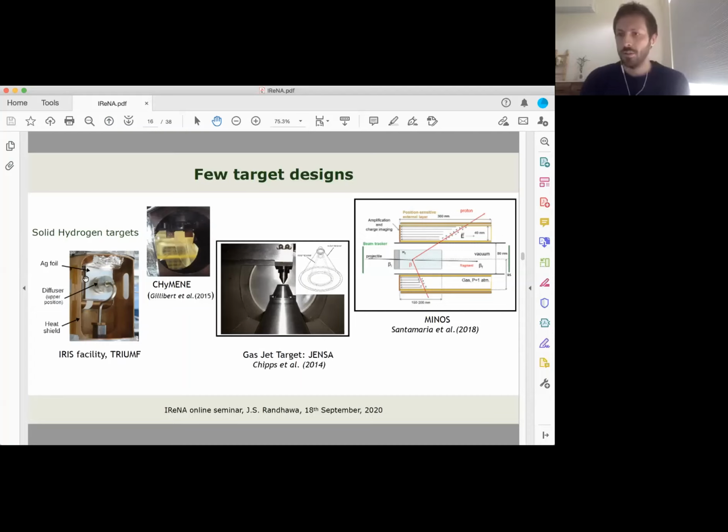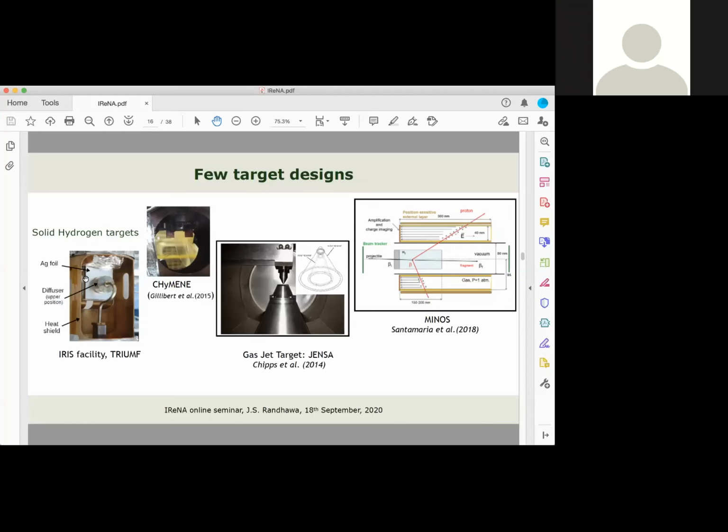So one last round for questions. Someone, yep. Sorry. I have a question about the center of mass energy that you can get with the magnesium-22 alpha-p reaction.